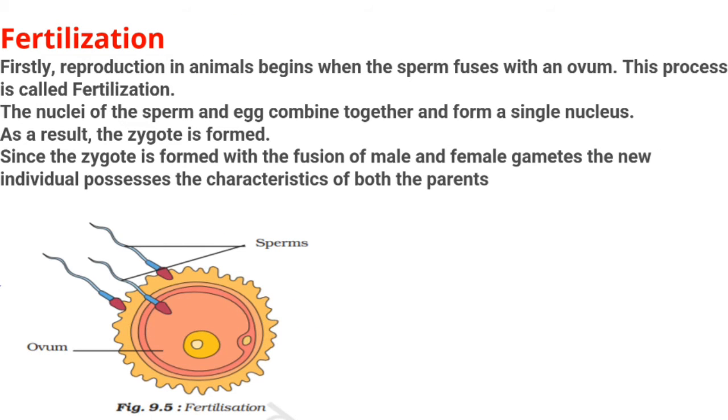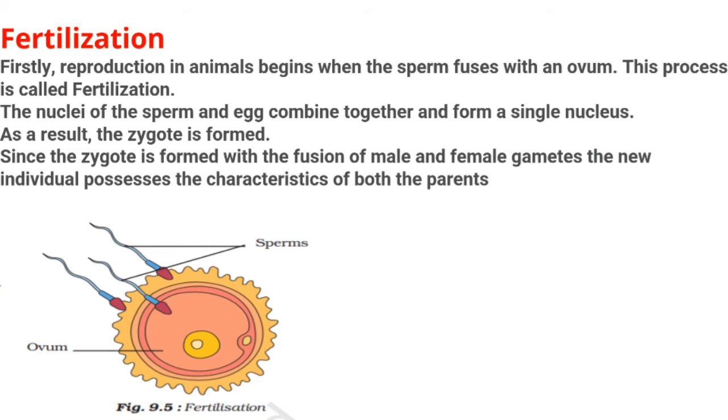Fertilization. Reproduction in animals begins when the sperm fuses with the ovum. This process is called fertilization. The nuclei of the sperm and the egg combine together and form a single nucleus. As a result, the zygote is formed.